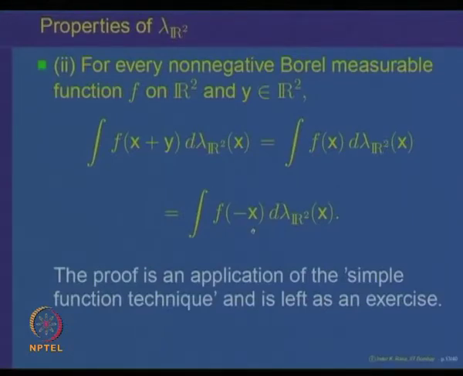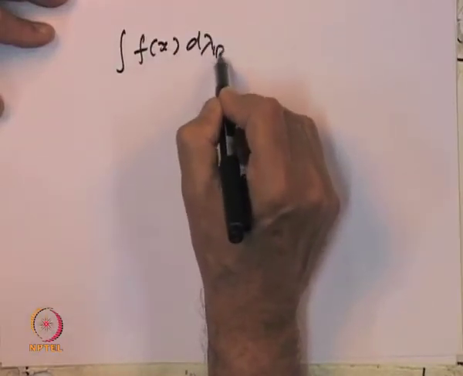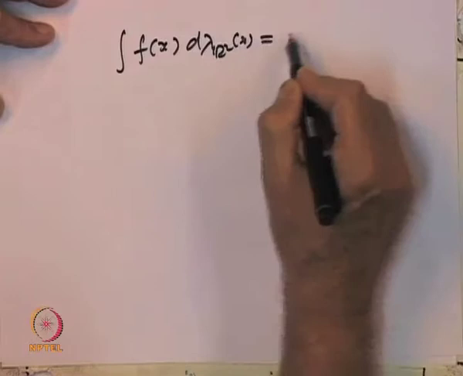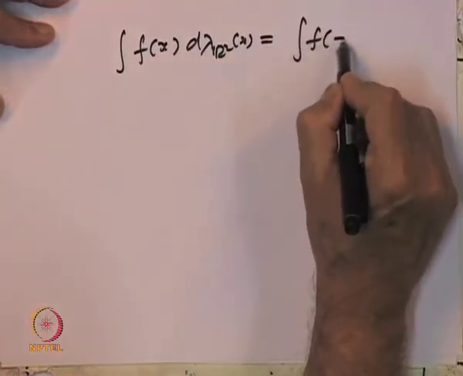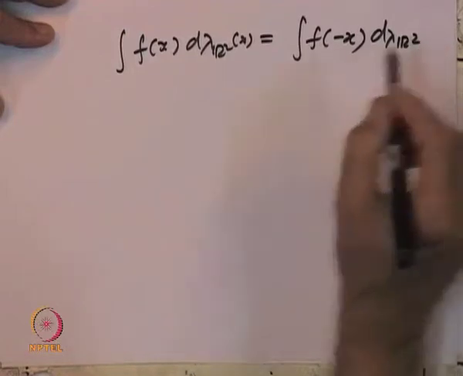So, there one has to use the fact that the Lebesgue measure of a set E in R 2 is the same as the Lebesgue measure of minus E. So, for step 2, let me just indicate what we need to show that the integral of f of x d lambda R 2 of x is equal to the integral of f of minus x d lambda R 2.